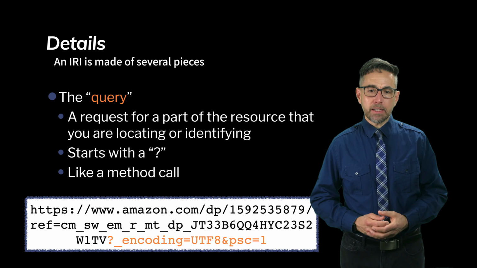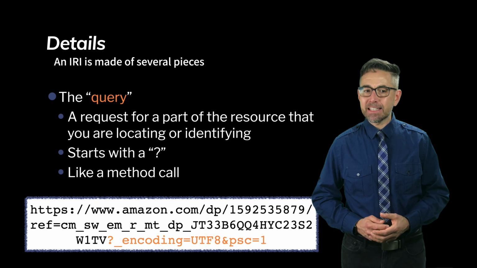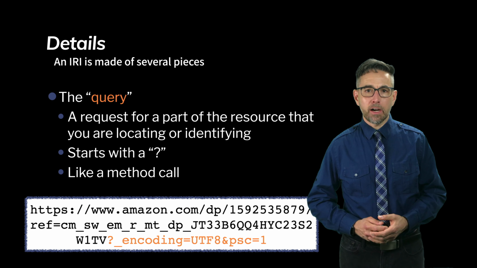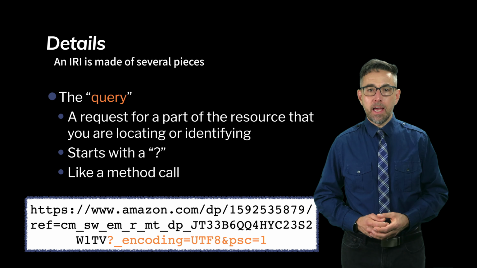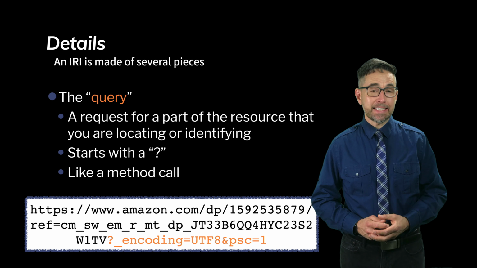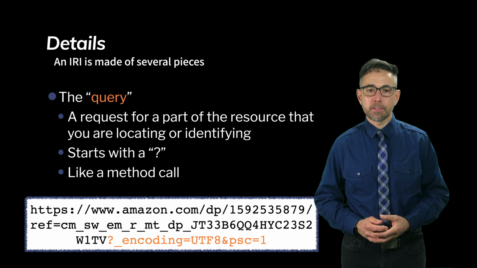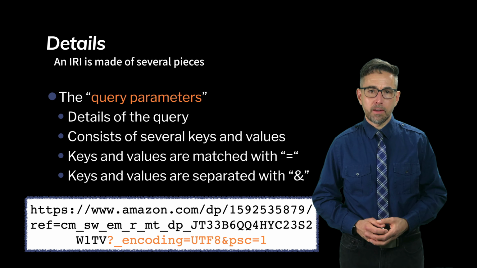And so in this particular case, you can see that I'm asking for some kind of resource, and it looks like I'm asking for it with a particular kind of character encoding that supports international characters called UTF-8. There's also another part of the query that's PSC = 1, and I don't actually know what that means. That's something that's used internally by the Amazon system to deliver a resource.